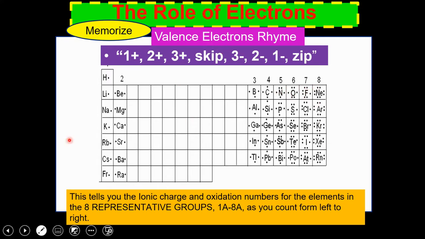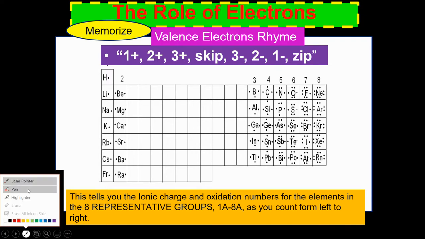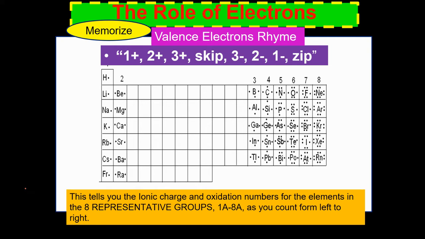And so before, when we were looking at ions, we were drawing everything. It was becoming kind of redundant, okay? And so let's take lithium, for example. I can draw lithium. We'll have 3 electrons total.